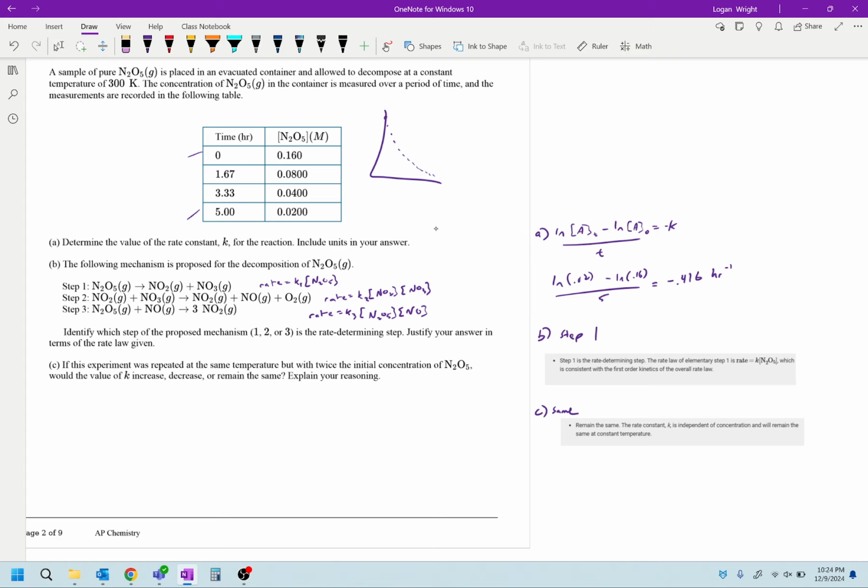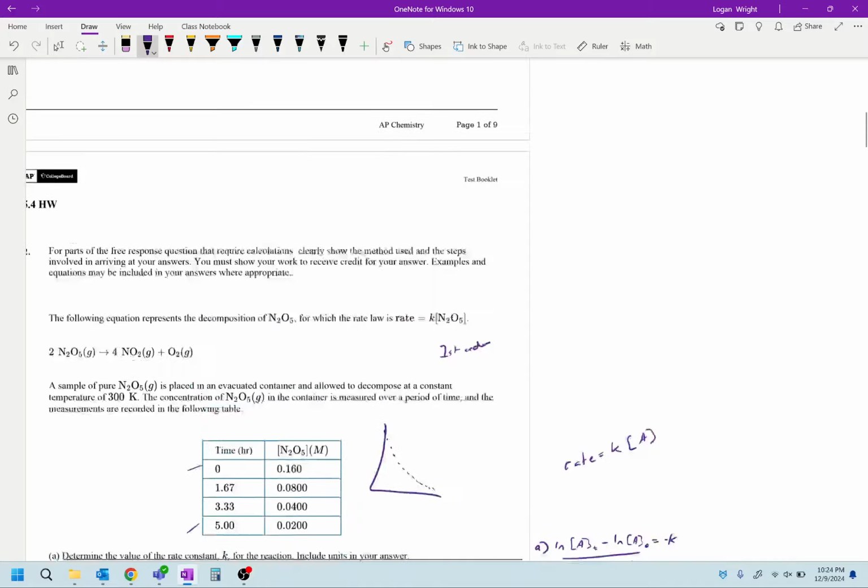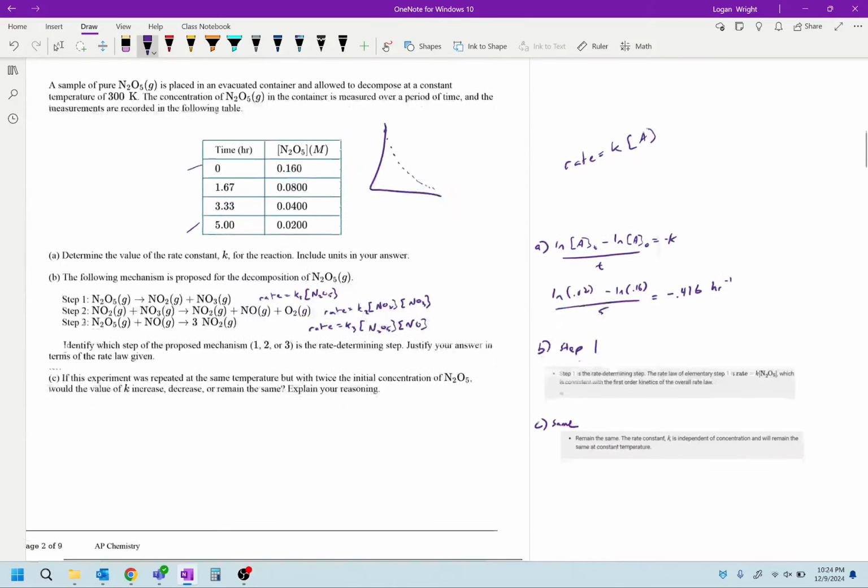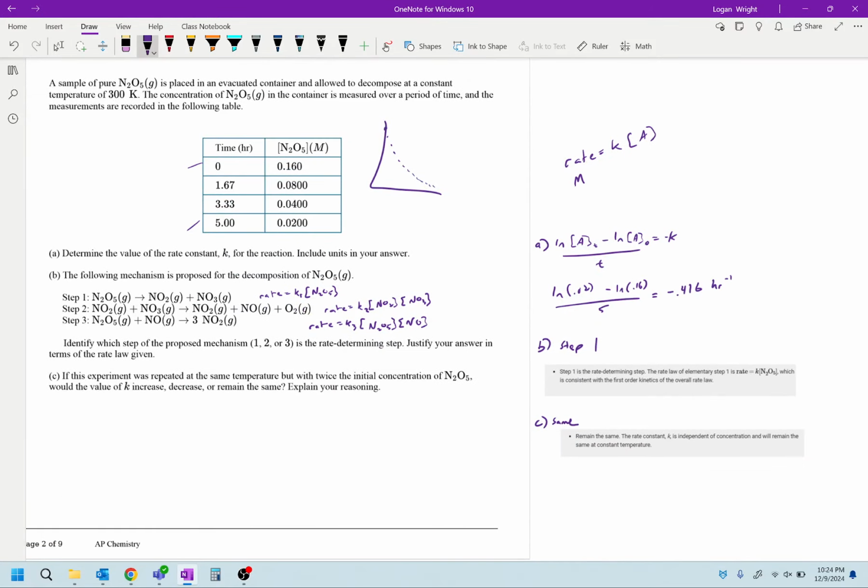Well, you could do it a couple of different ways. If you did rate equals k times the concentration of A for the first order, then molar per hour equals k times concentration in molar. When I solve for k, I just have 1 over hours as my unit.